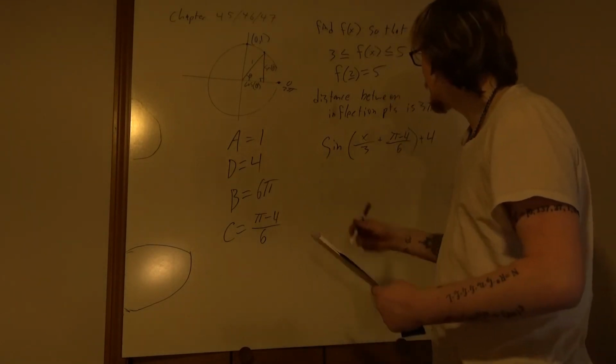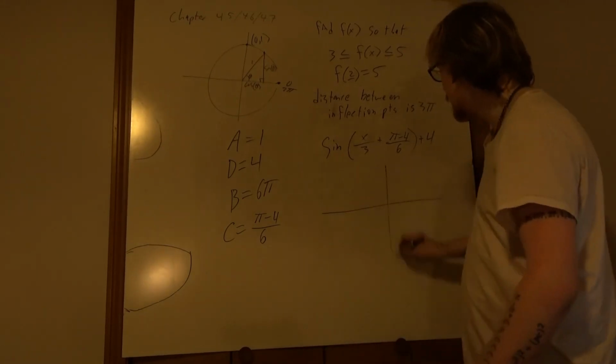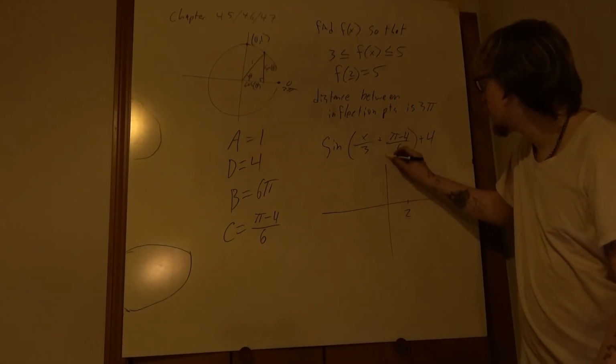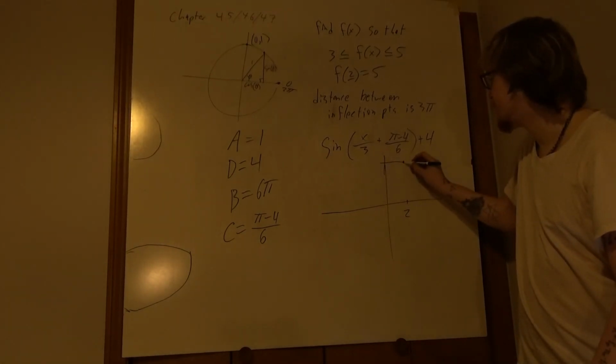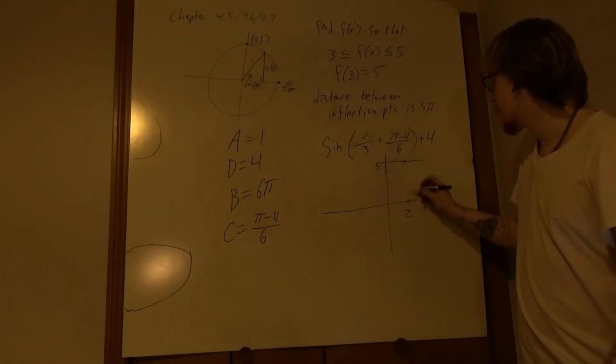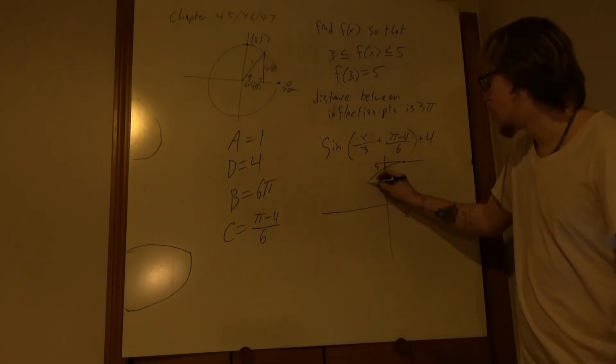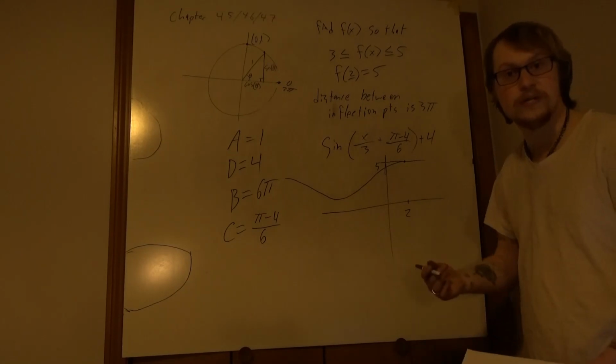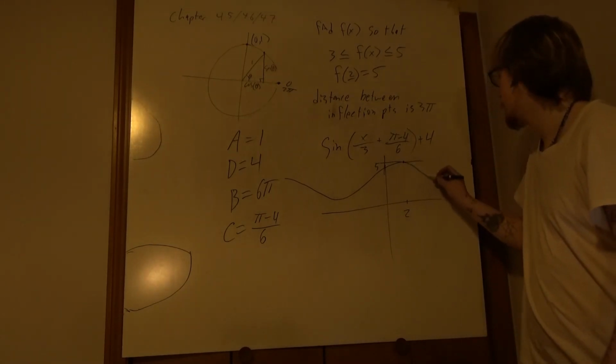But if we were to graph this, we would see that it has all of the things that we want. At 2, it's going to be 5. It's going to have a long period because it has period 6 pi, which is 3 times longer than normal.